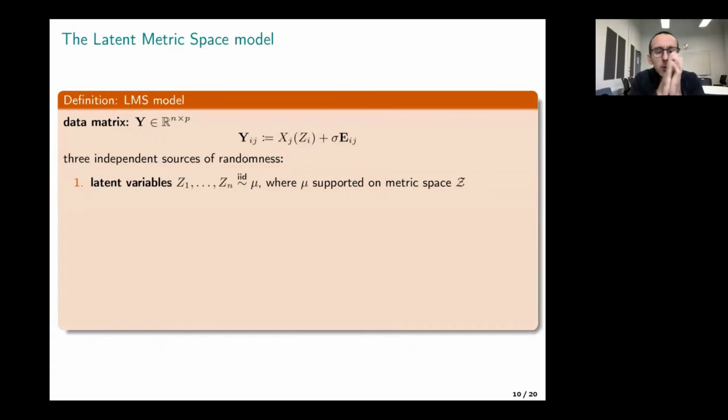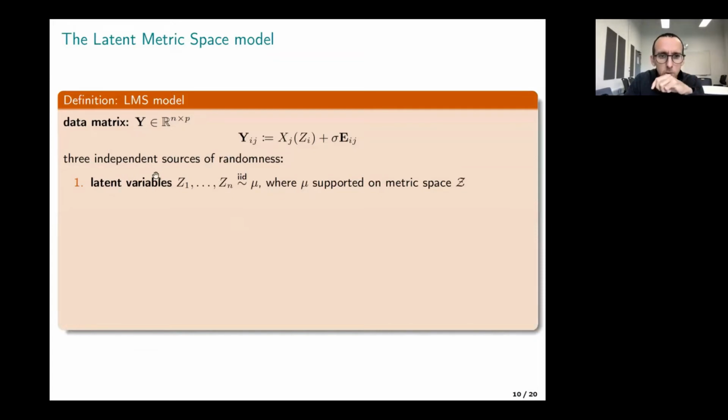Okay, so here's this latent metric space model. We've got a data matrix with n rows and p columns, and it's constructed from 3 independent sources of randomness.